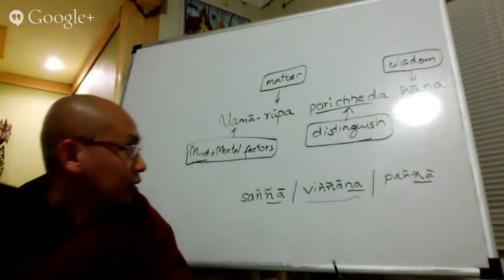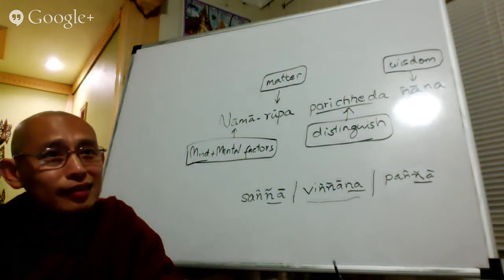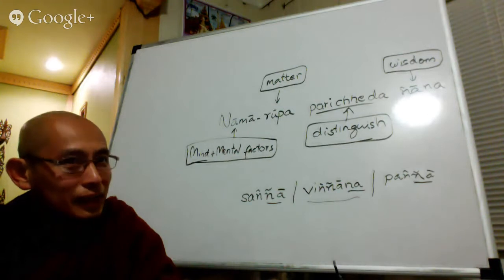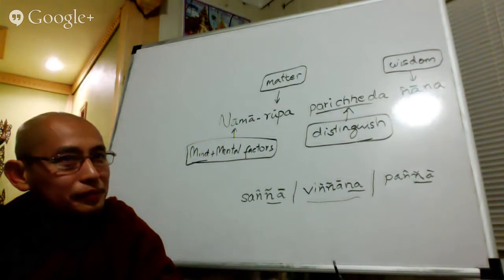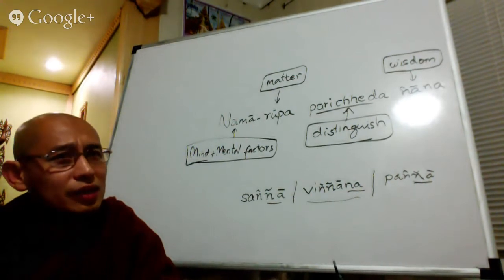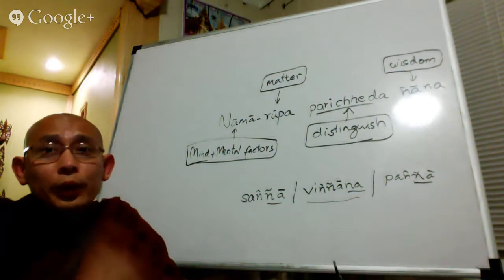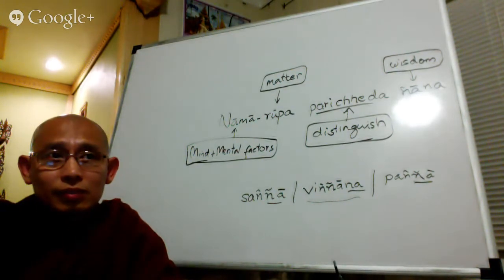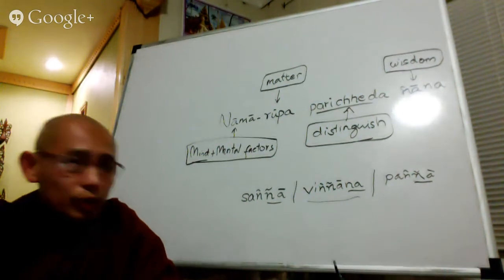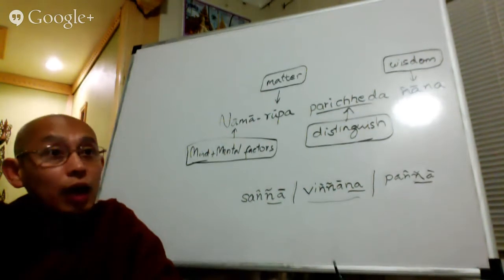Okay. So sanya is not the same as panya. Different. Sanya is important in our daily life, and even when we practice meditation, samatha meditation, vipassana meditation, tranquility or insight, whatever, we call it bhavana sanya.